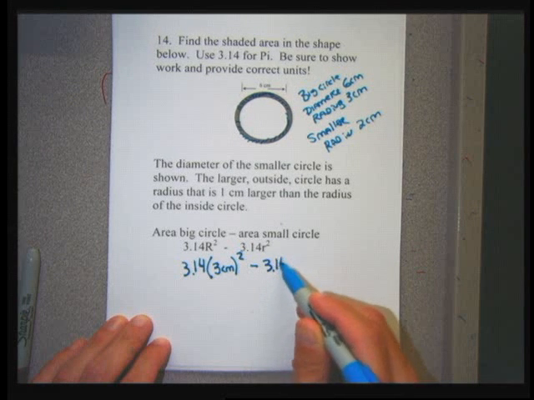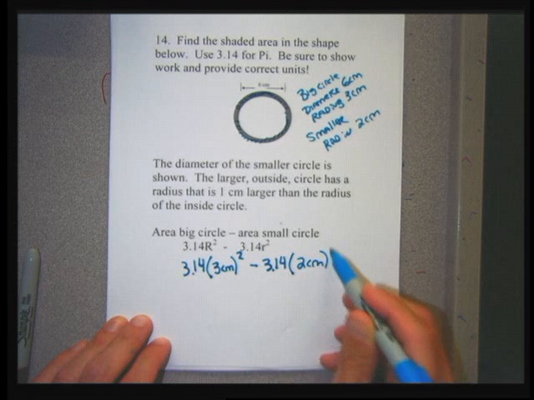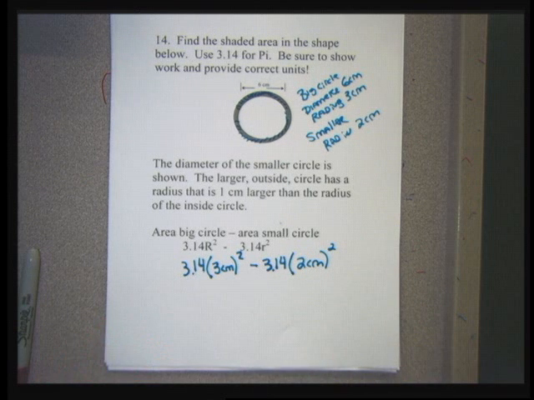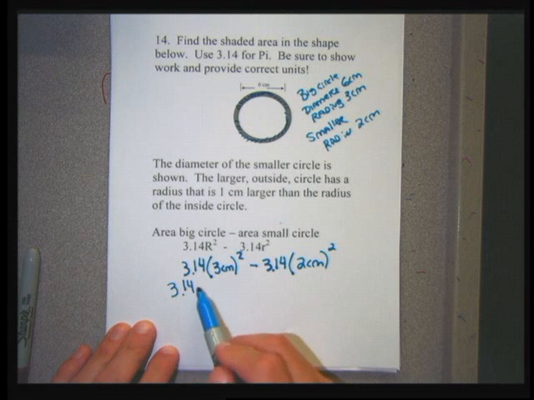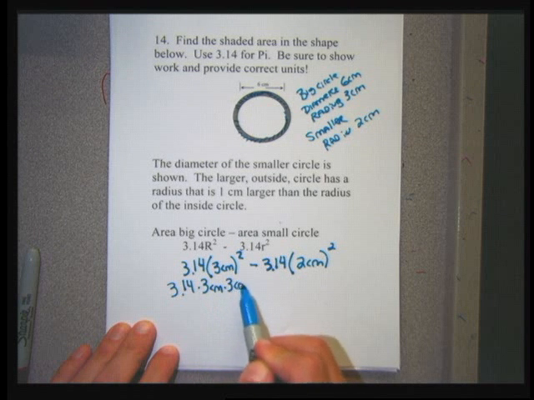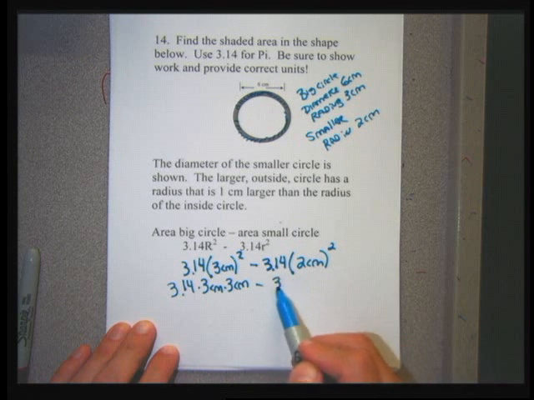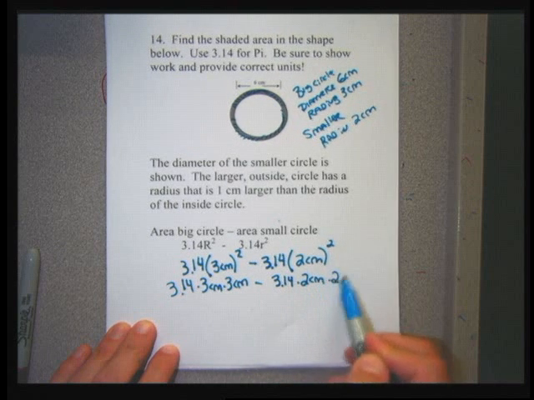The area of the small circle is 3.14 times the small r, which is 2 centimeters squared. I'm going to do this all on my calculator, I think, and cheat. So I'm going to go 3.14 times 3 centimeters times 3 centimeters minus 3.14 times 2 centimeters times 2 centimeters.